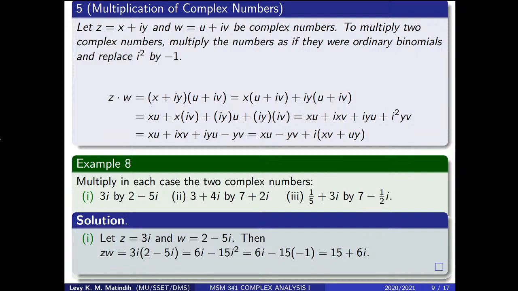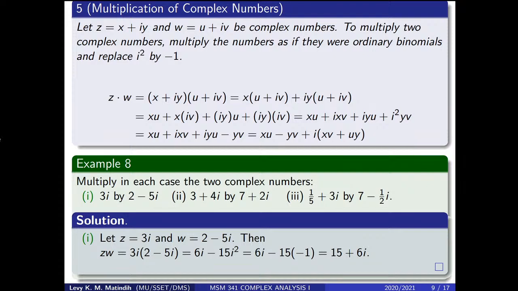Now, when you are multiplying these complex numbers, we just multiply them as ordinary binomials, the way we multiply algebraic expressions. We multiply across the board, whether we are multiplying like terms or unlike terms.